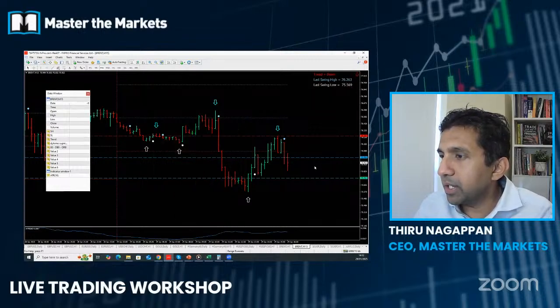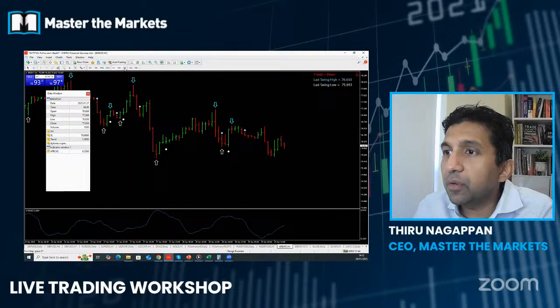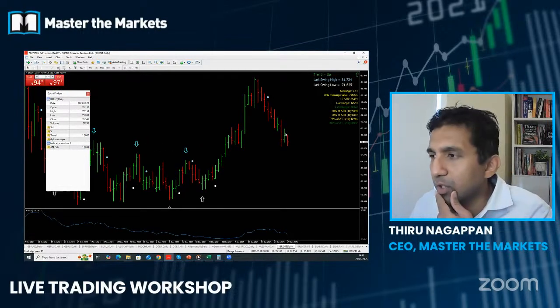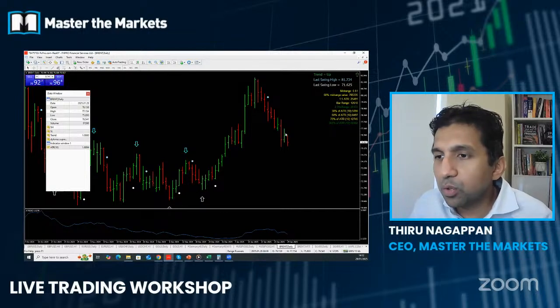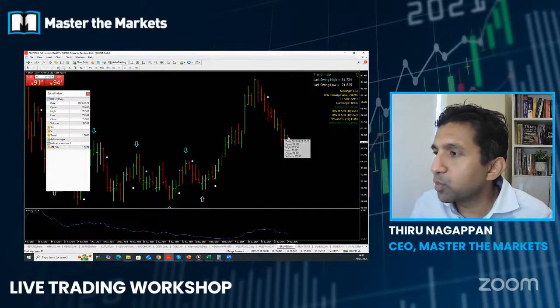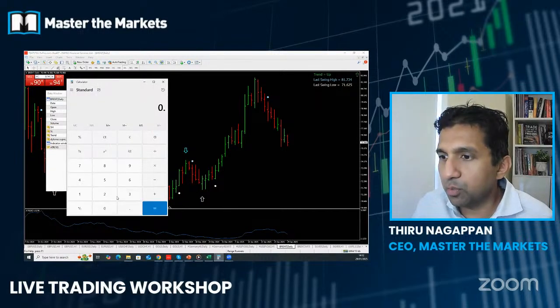Another thing I like to take a look at is the daily, very quickly, to see if the range has been done. If the range has been done for the day, sometimes it hovers around and you don't get a clean move. So here 1.69, and this one is 0.8. 0.8 times 1.69 is 1.35.